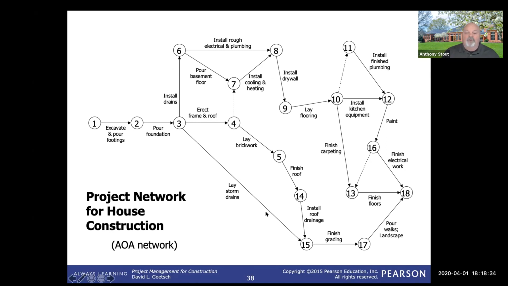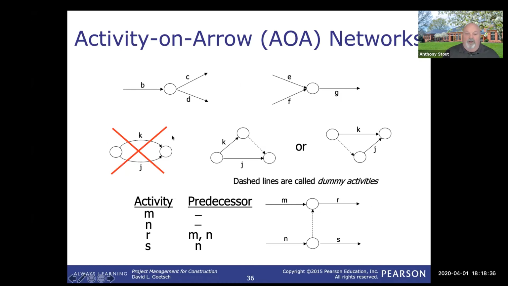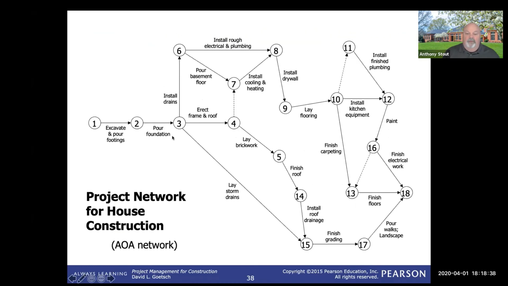You can lay the storm drain. So those are all things that can be done after pour foundation. So essentially you would see that these things that come off of here can commence at the same time. And then we go all the way through to completion.